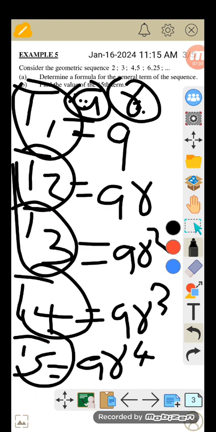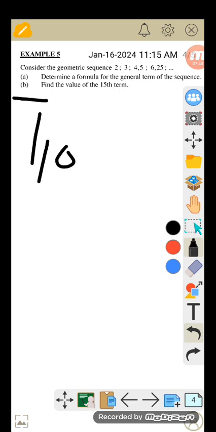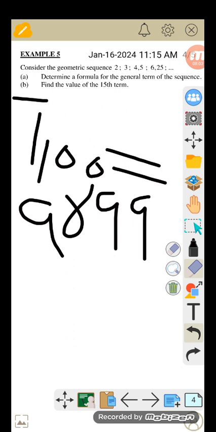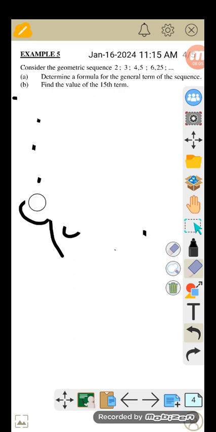Even T100 is always equal to AR to the power 99, like that, guys. You can also find T100 by using your first term and your constant or common ratio. You see, guys, just like that. It is easy to get marks like this, guys.